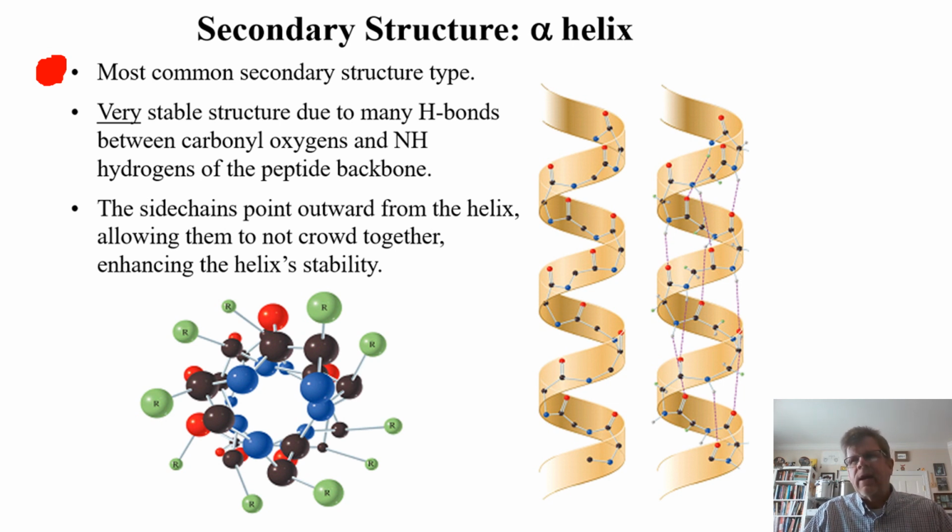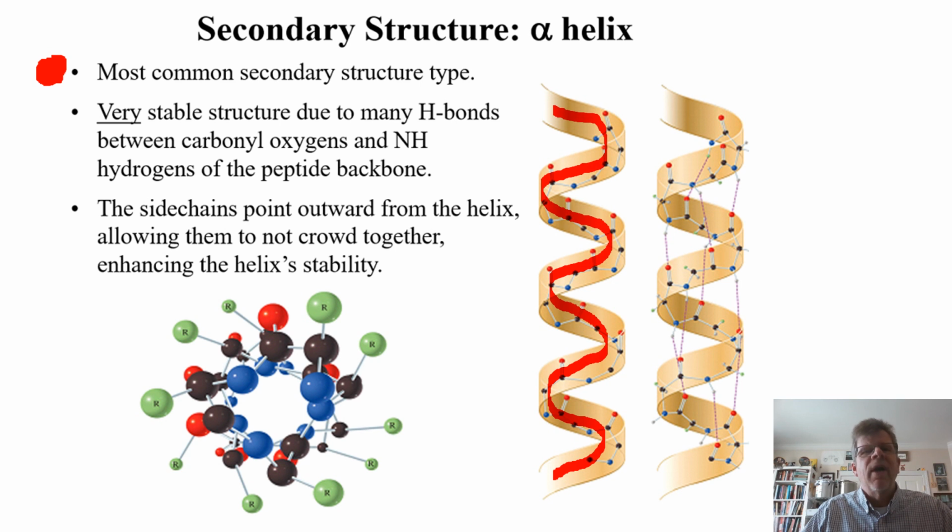Now, frequently when we're depicting secondary structure in proteins, there is a ribbon that traces the secondary structure, in this case an alpha helix, to make it more visible within the protein. That obviously isn't really there in these cases, but we do show that.